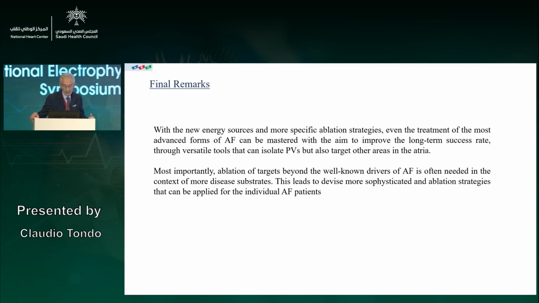Ablation needs to be aimed not only at the PVI, and I think that PFA, or whatever technology you want to use in the future, will probably be your driver to treat patients with much more advanced AF as opposed to the much simpler patient with paroxysmal atrial fibrillation. So I stop here. Thank you.